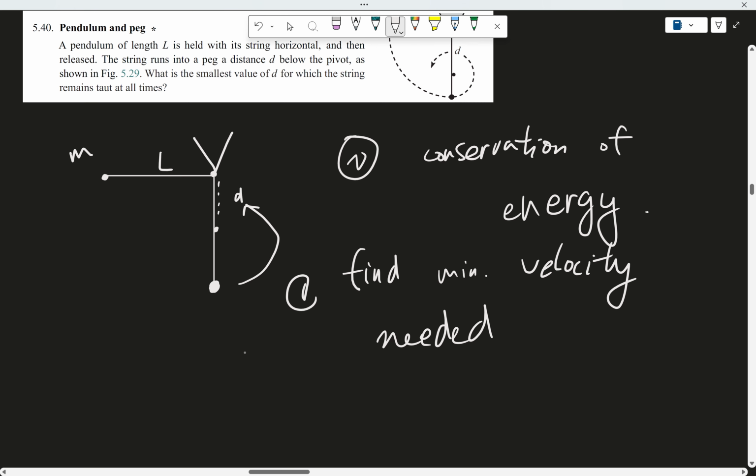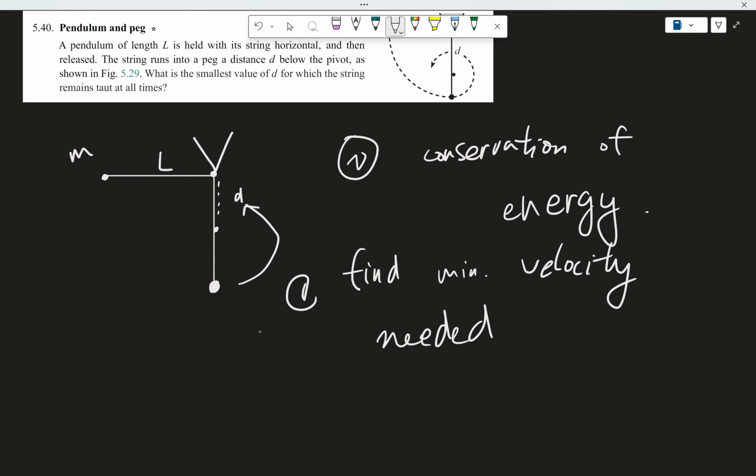So here, let's use the conservation of energy, since there are no other forces and there is no friction. Let's imagine when the mass is actually here at the highest point. Let's look at the initial energy. What is the initial energy?